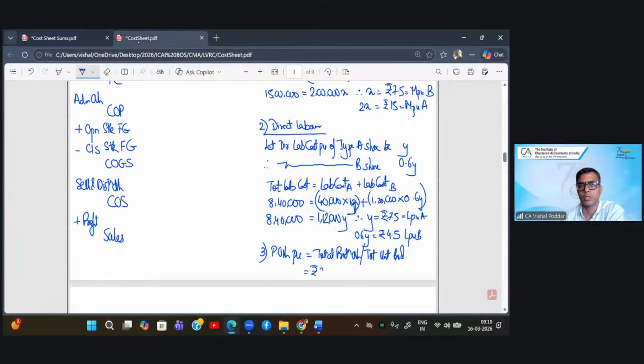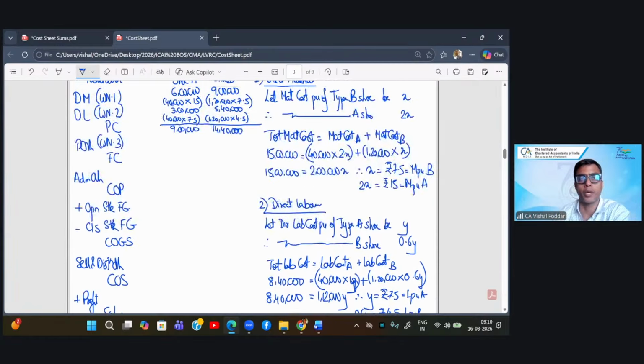So rupees 360 divided by 160 units. Correct, students? So how much does it come to? 16, 2s are 32, so 320 at 40, so 2.25. 2.25 per unit is my production or factory overheads.